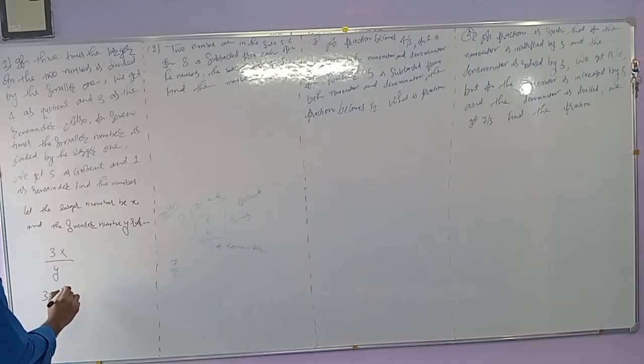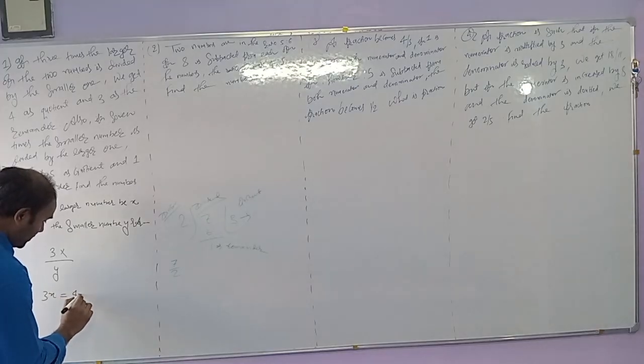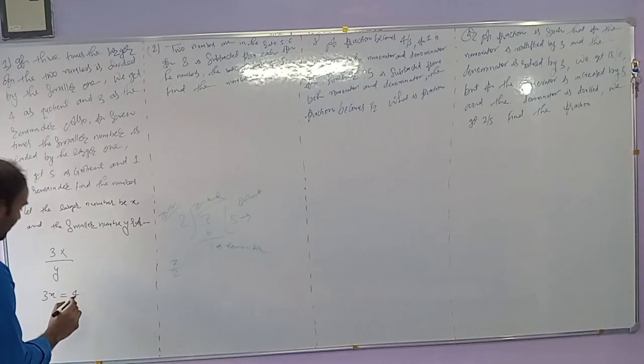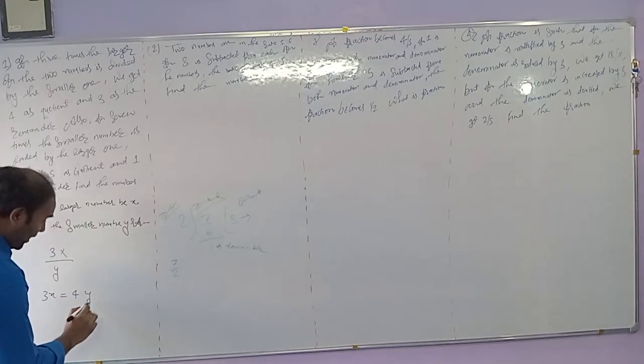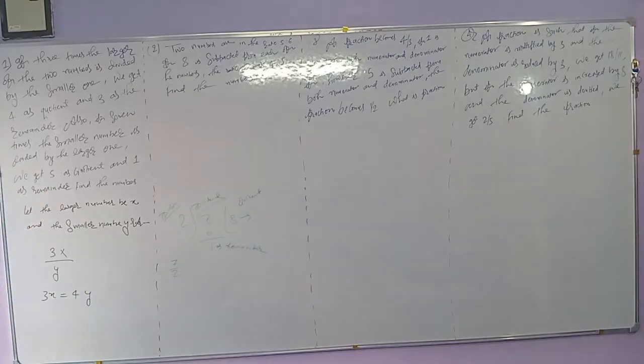We have a quotient 4, and divisor is y, and remainder is 3.